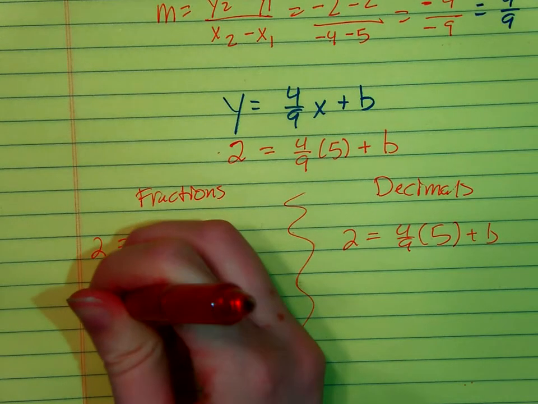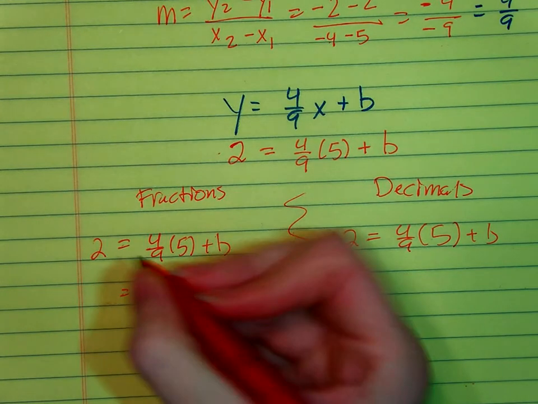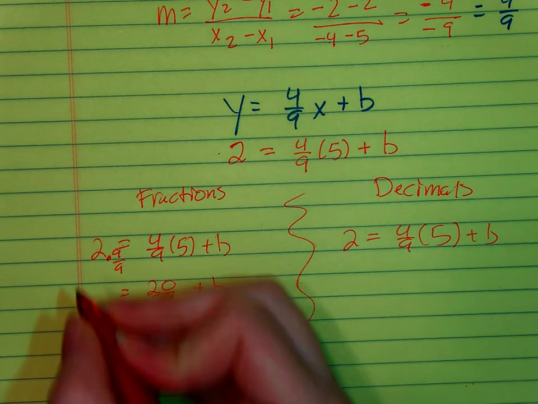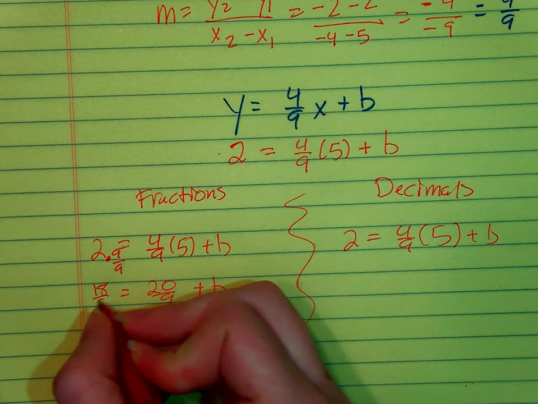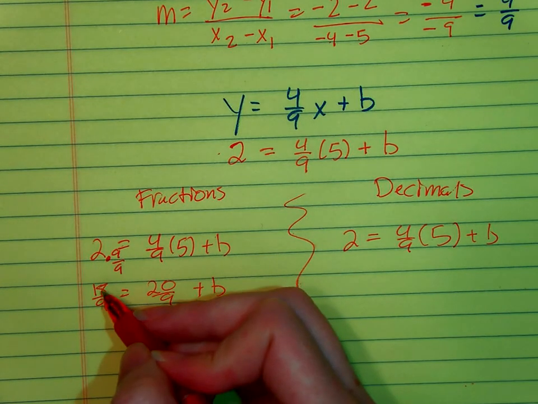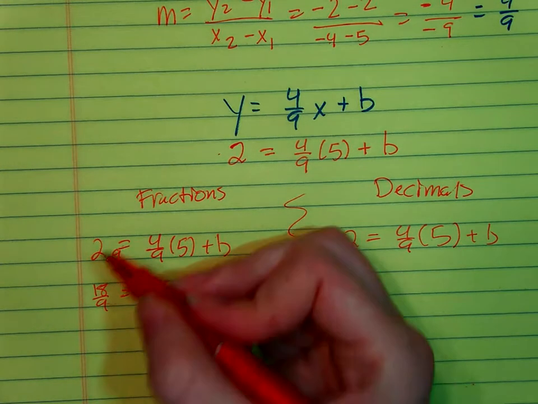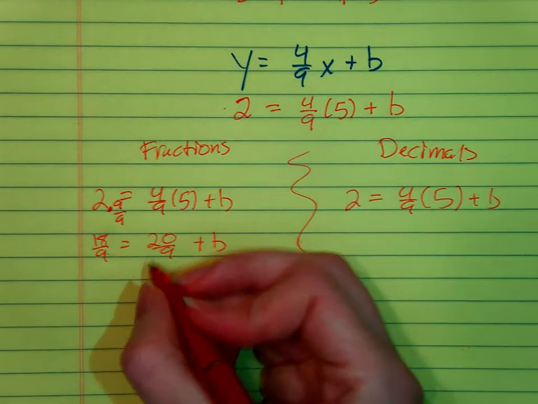Also, since I know I'm about to start adding and subtracting fractions, let's go ahead and change 2, multiply it by 9 over 9 to make it into a fraction. We end up with 2 is 18 ninths. 2 is the same thing as 18 divided by 9, so I can rewrite 2 as 18 ninths, multiplying by 9 over 9, just like you used to do back in elementary school.